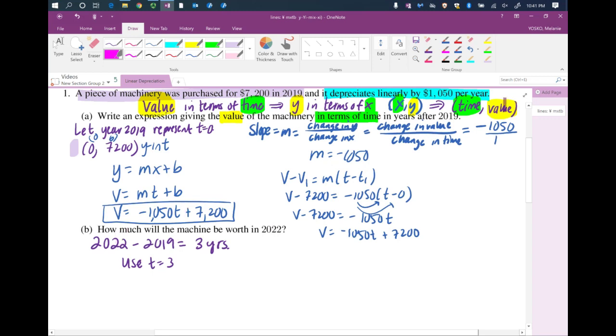How much represents a value, and they gave us a time period. So we're going to use t equal 3, and we are going to find the value. So v, we said earlier, was this equation, right? So now we're going to take this t right here, and we're going to put 3 in place of that t.